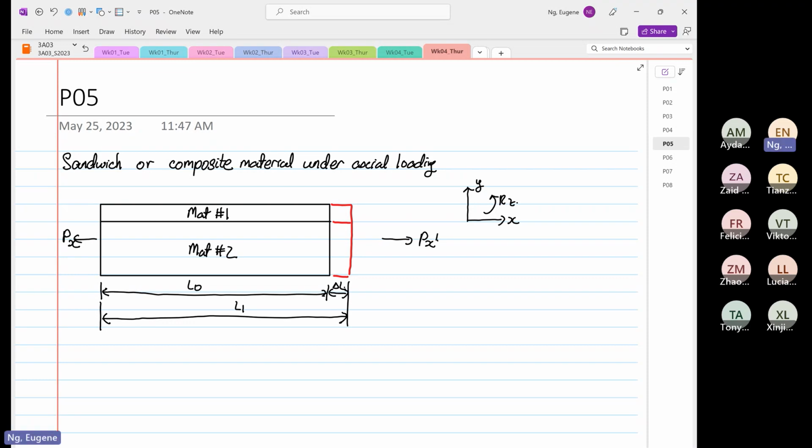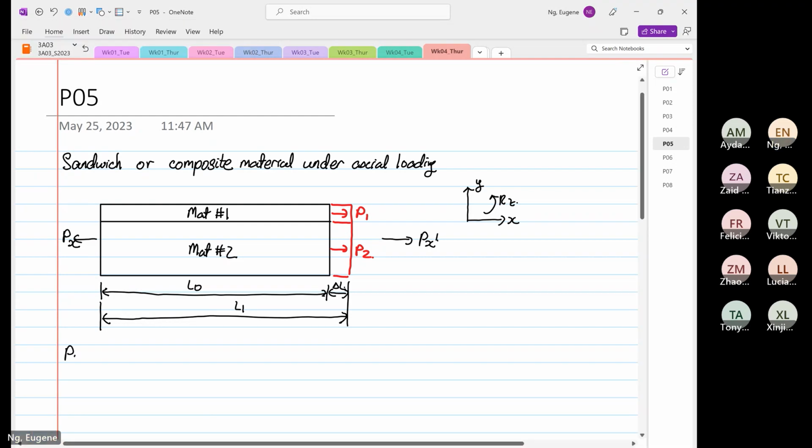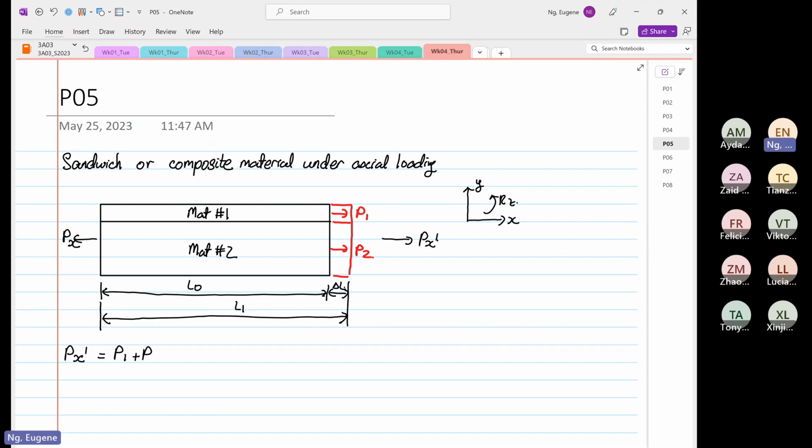So what we are going to do is, we know material 1 will go through a load, which I'm going to call P1, and material 2 will be P2. So we can almost immediately write down Px prime is equal to P1 plus P2.